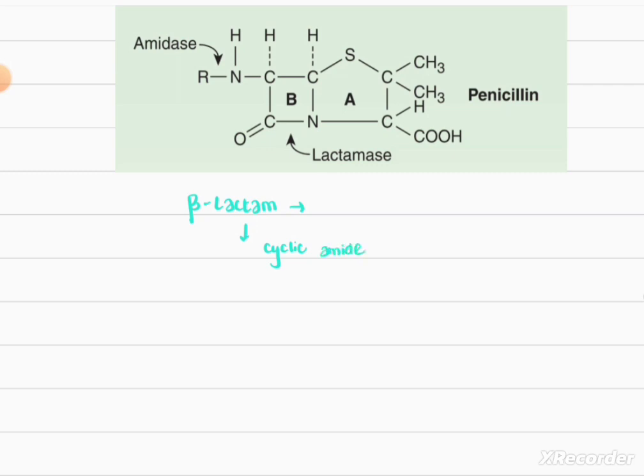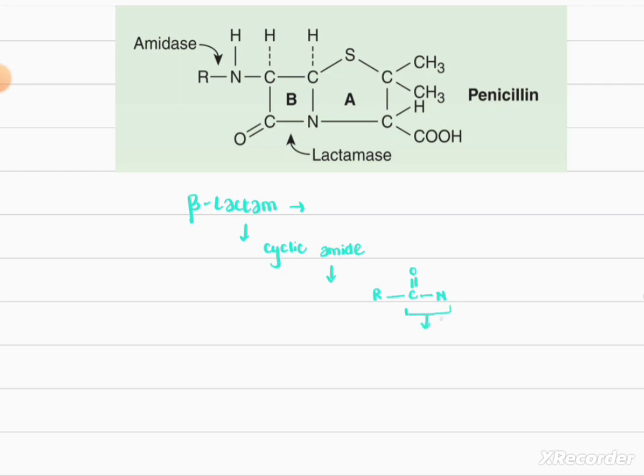What is an amide? An amide is a chemical group in which a carbonyl carbon, a carbon attached to an oxygen by a double bond, has an alkyl group attached along one side. If this carbonyl carbon is directly attached to a nitrogen, this is called an amide.